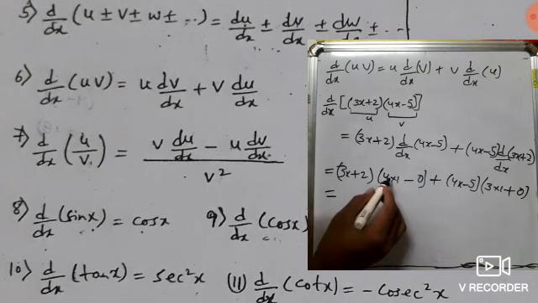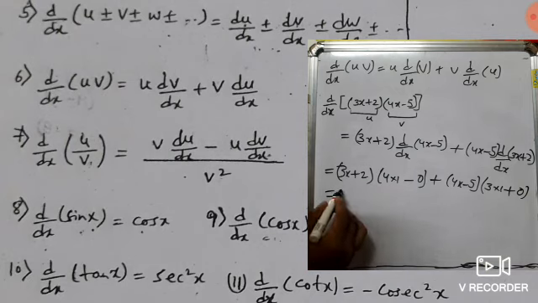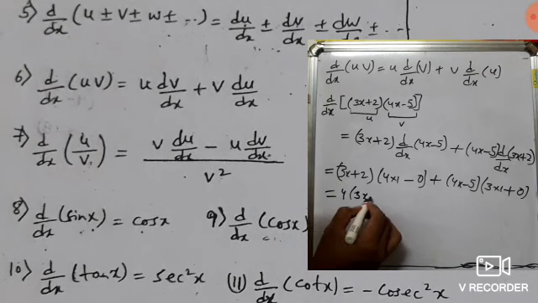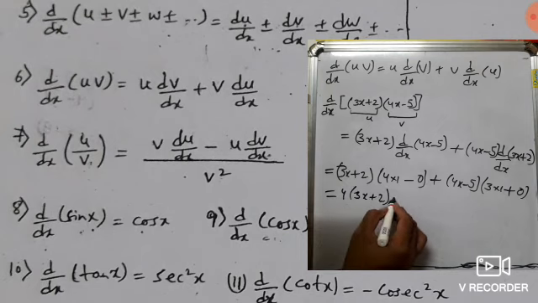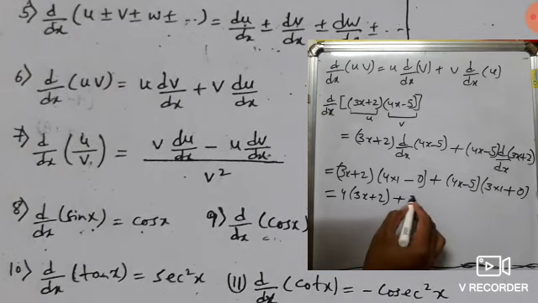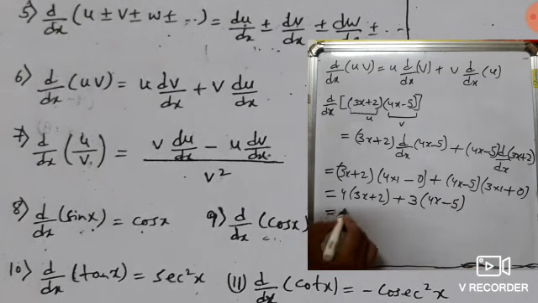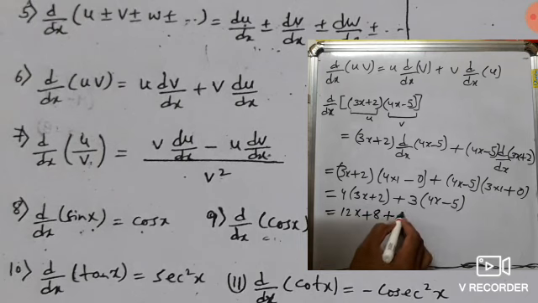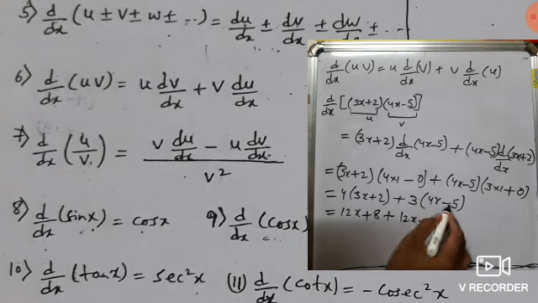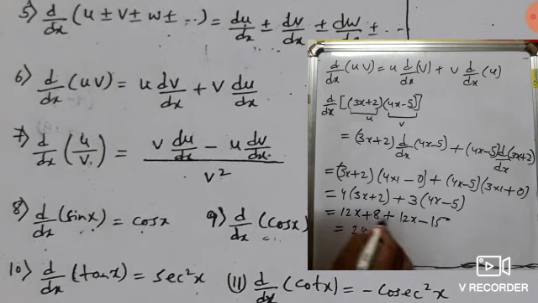So the answer will be 4 times 3x plus 2 plus 3 times 4x minus 5. It will be 12x plus 8 plus 12x minus 15. So it will be 24x minus 7.